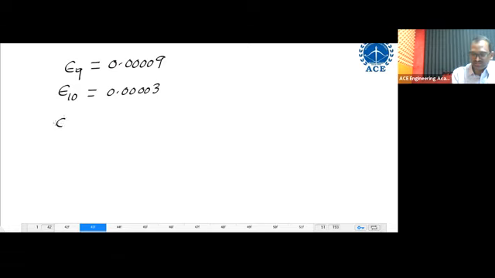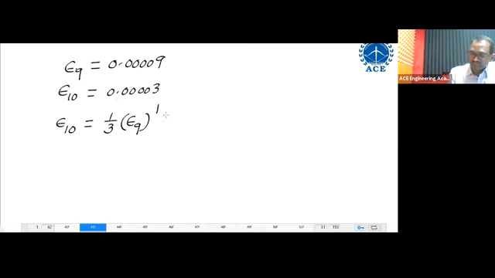So can we write like this: the error at the 10th approximation equals 1 by 3 times the error at the 9th approximation, whole power 1. 0.00009 divided by 3 is 0.00003.